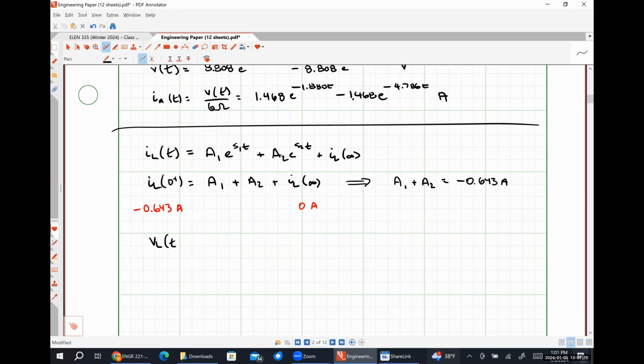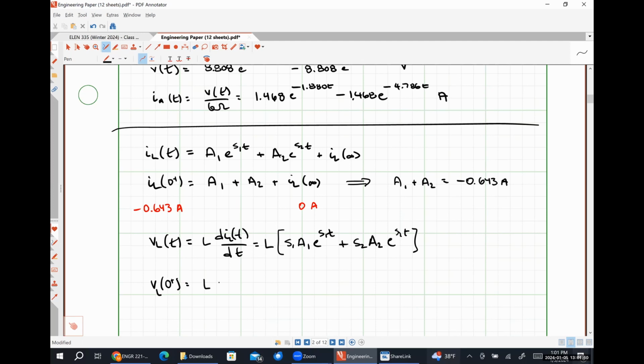Our second equation is going to be our inductor voltage. So VL of t will be of the form L di L by dt, or L times S1 A1 e to the S1 t plus S2 A2 e to the S2 t at 0 plus.